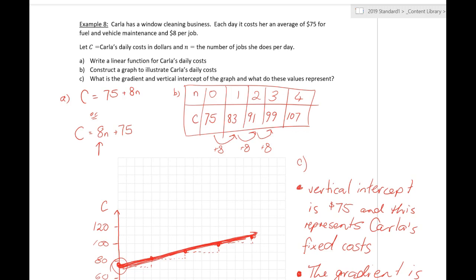That's how we're normally going to do these things. And if you don't have x's and y's, just try to match them up in the same way, where x goes across the top of your table of values, and goes across the bottom of your graph.